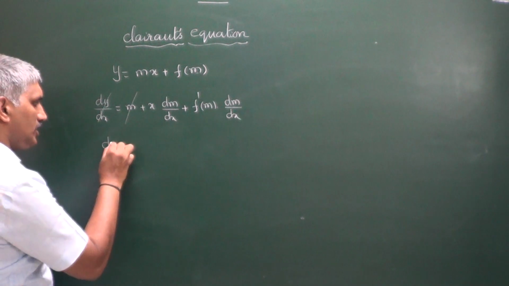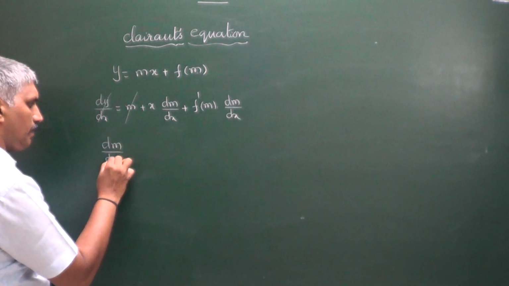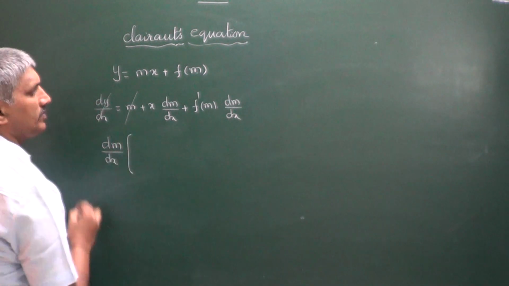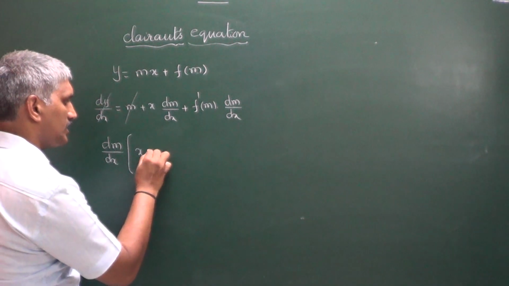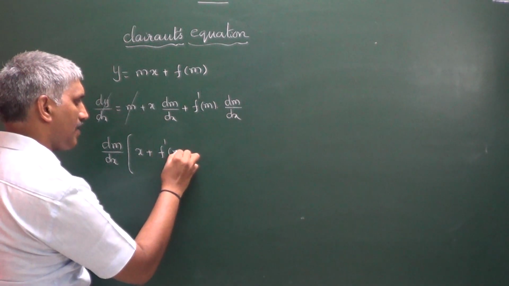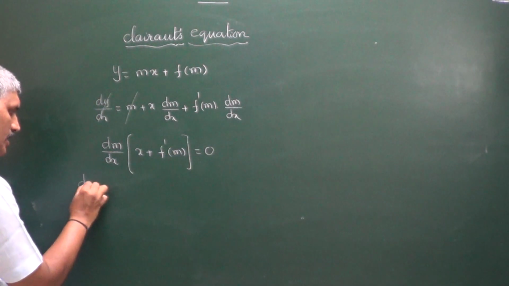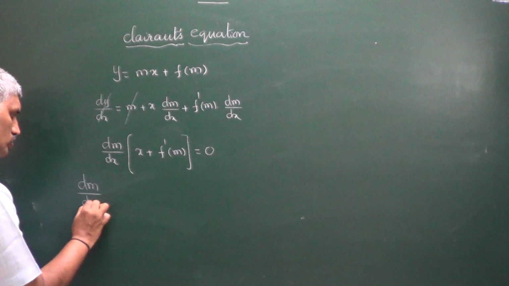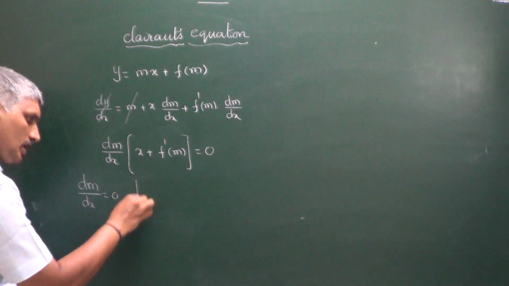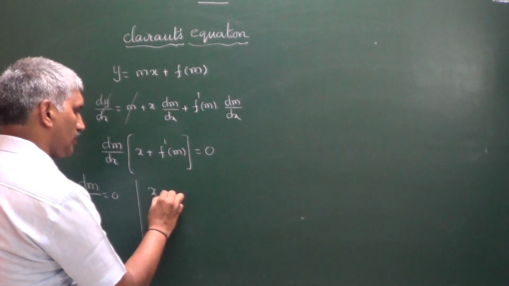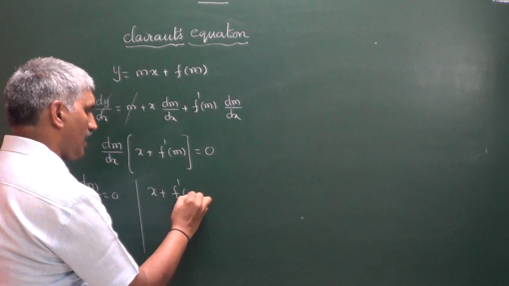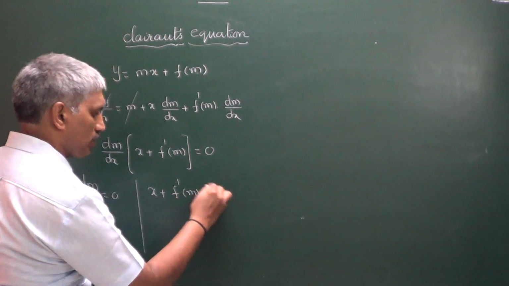Then what will we get? Taking dm/dx common, we get (x + f'(m)) dm/dx = 0. That's why we are getting dm/dx = 0. The other possibility is x + f'(m) = 0.